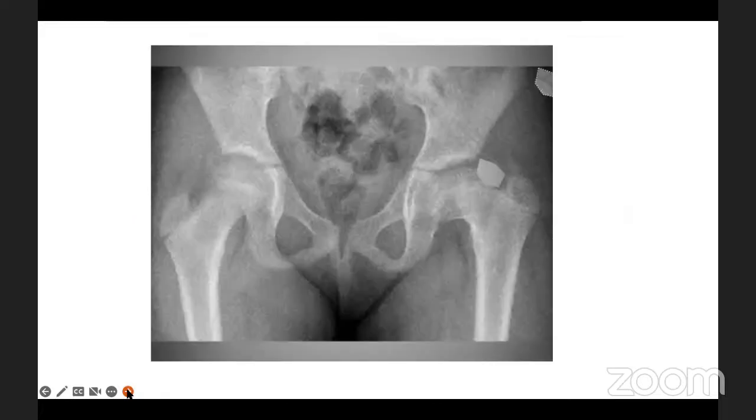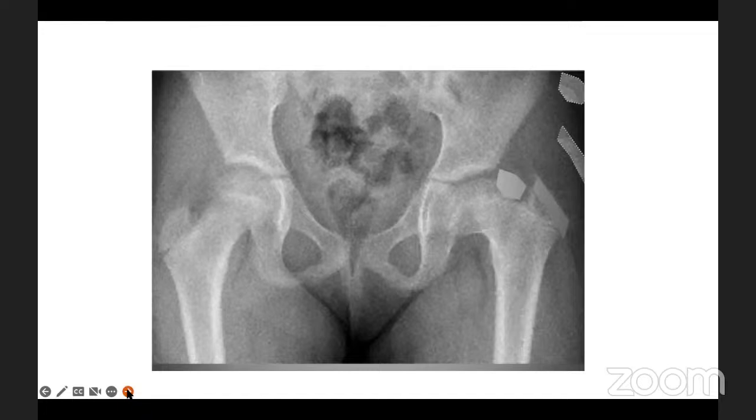So the plan was something like this: first we'll do a safe surgical dislocation, and we can visualize the articular surface and do an osteochondroplasty.